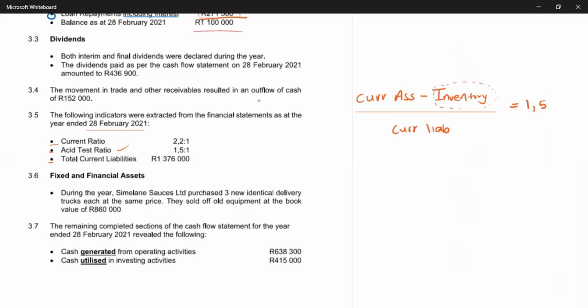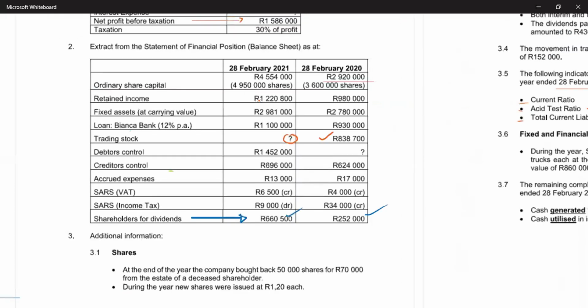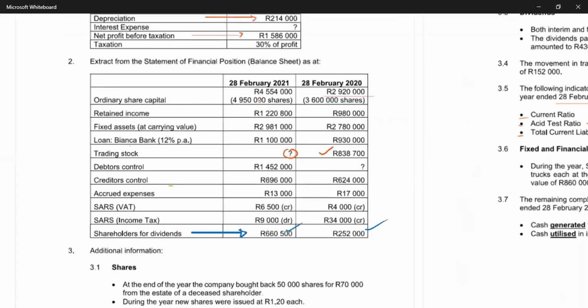So let me see if I have my current assets balances or my current liabilities. Going back to this table, let me go and see. So, okay, I need to remember your current assets consist of your trading stock and your trade and other receivables, which consist of your debtors control. And in this instance, on this table, let me identify my current assets.